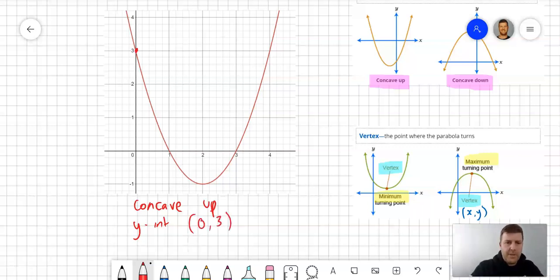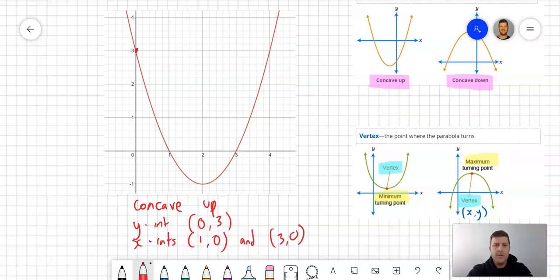Next thing is you have to determine the x-intercepts. In this case, there's actually 2 intercepts, so there's one there, there's one there. So I'm going to give 2 sets of coordinates. The first one, so this point here, is 1, 0, and the second point there is 3, 0.